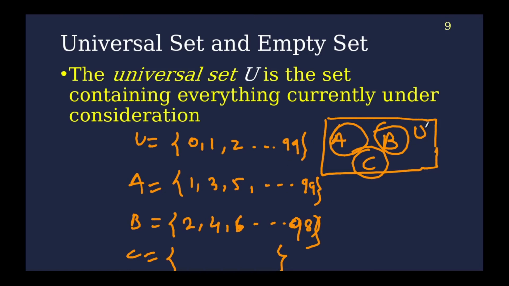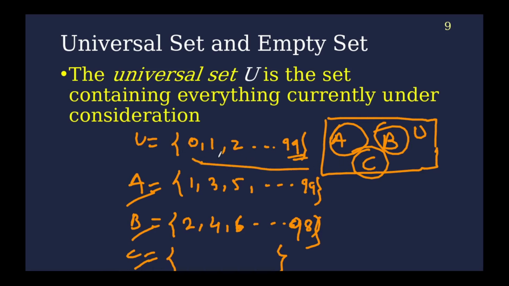That means this universal set contains everything currently under consideration. What we are considering here is the set of natural numbers up to 99. Other considerations are odd positive integers up to 99, even positive integers up to 99, the set of positive integers divisible by 3 up to 99, and so on. So everything will be under consideration of this universal set.